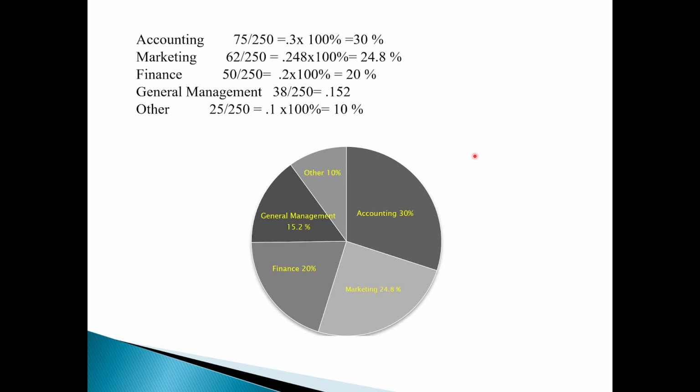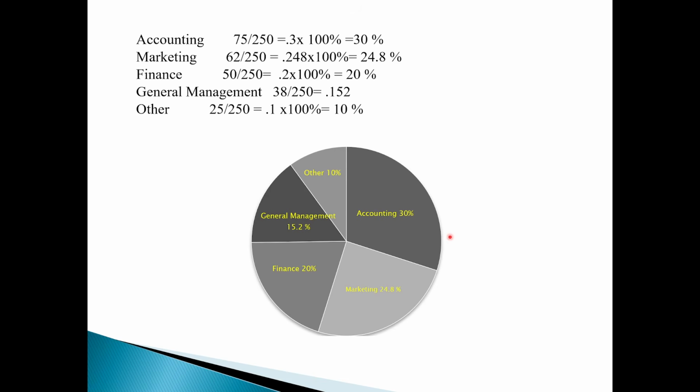How will you convert this percentage? You just multiply 30% with 360 degrees, okay? Each of them, you multiply it with 360 degrees, and then you will know how many degrees each category should occupy.